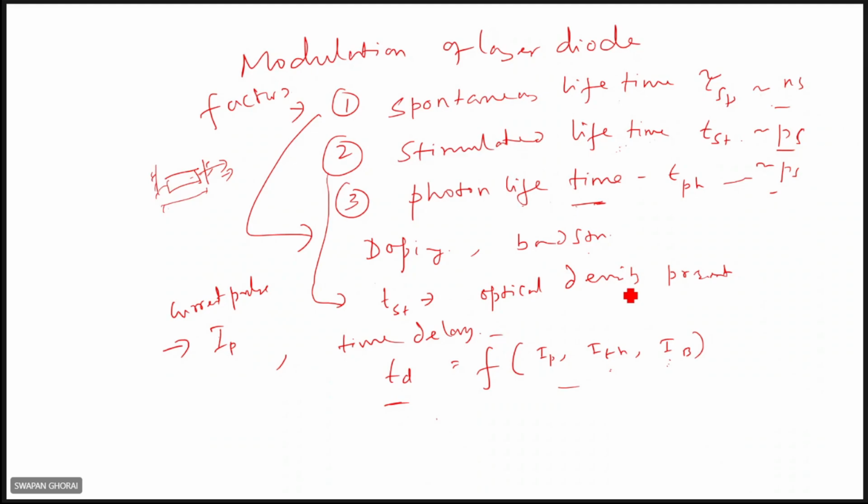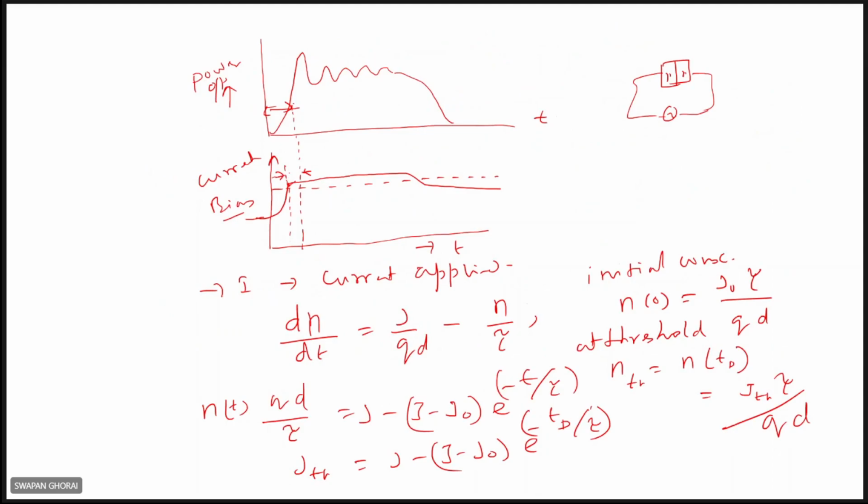How can you increase the modulation rate of a laser diode? That is the question. Here you can see in this figure, for normal lasers, when you apply the current, the power will increase with some fluctuation. That is because when the gain is clamped at threshold, there is population, depopulation, population, depopulation.